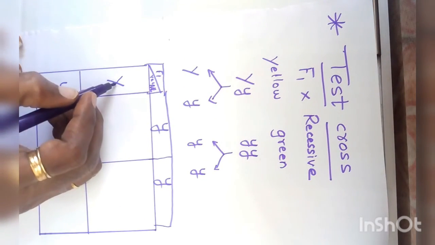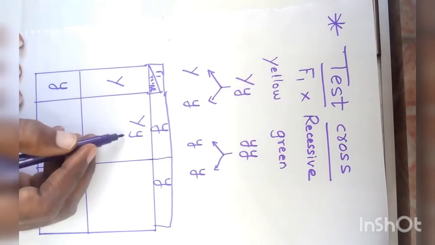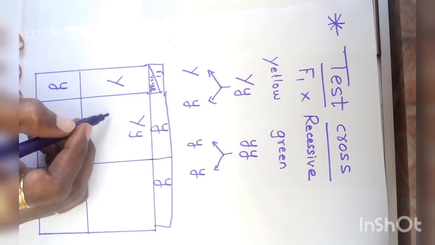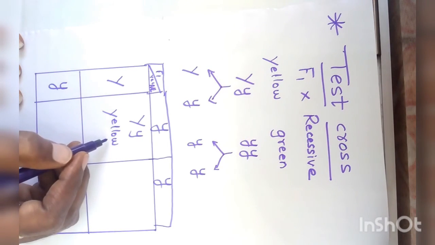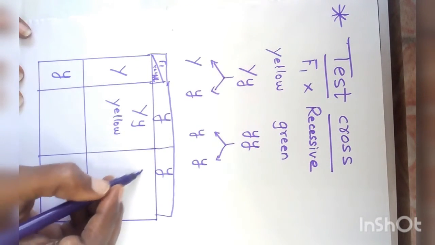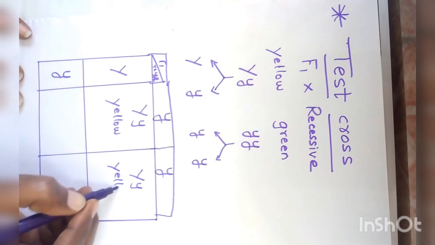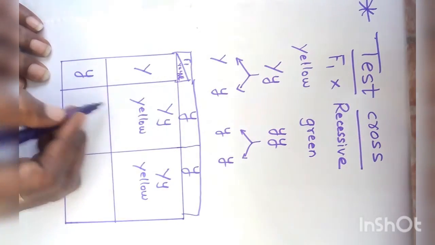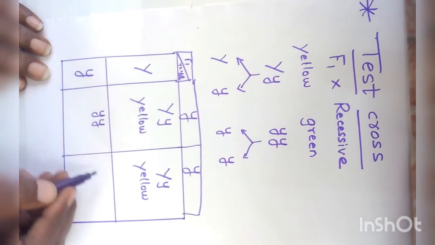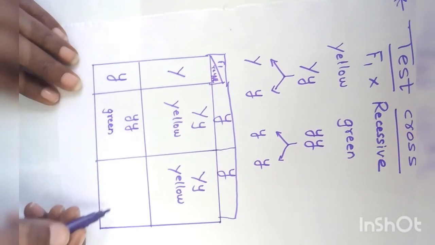Now capital Y and small y. What is the phenotype for this? The plant will have yellow color seed. The next one, capital Y, small y, same. The plant will have yellow color seed. Now this is small y and this is small y. Both are small, which represents green color of seed.